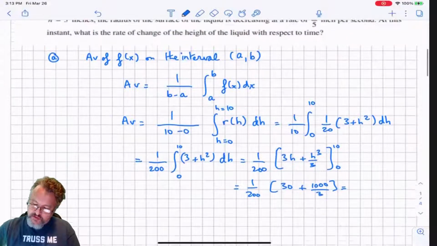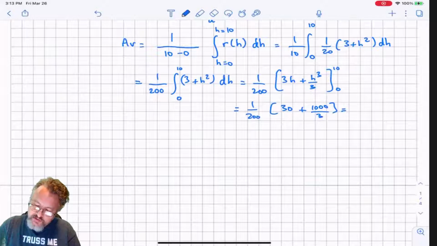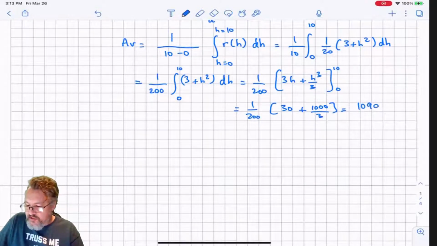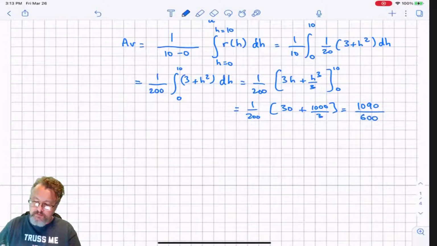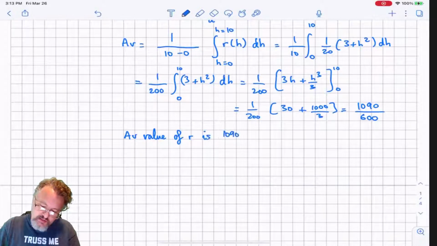So 30 is equal to 90 over 3, so it's going to be 1090 over 3 times 200, 600. Okay, so the average value of the radius is 1090 over 600.